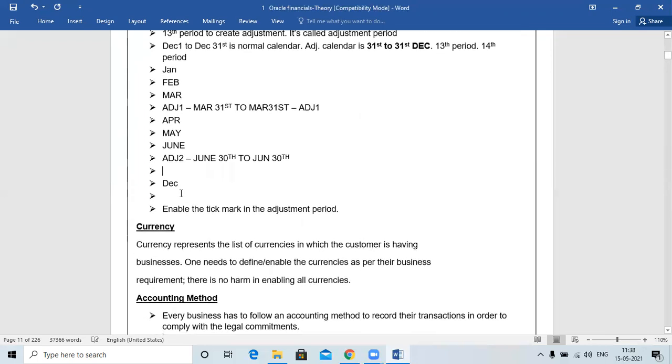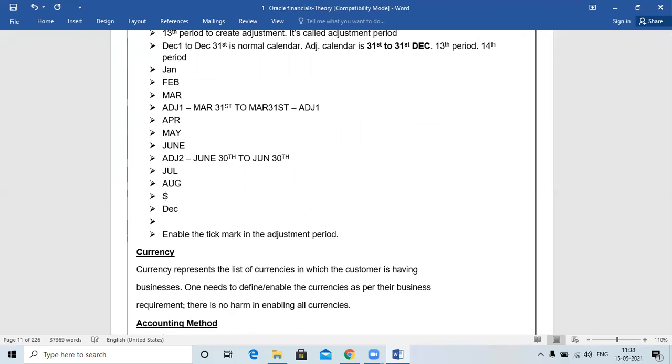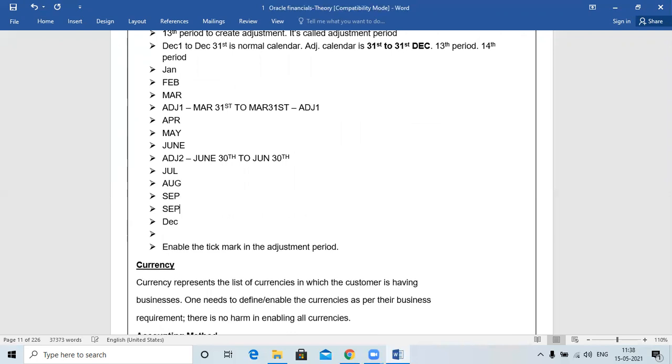Maybe big companies have quarterly audits, so they close and put in the adjustments, and it will be used.